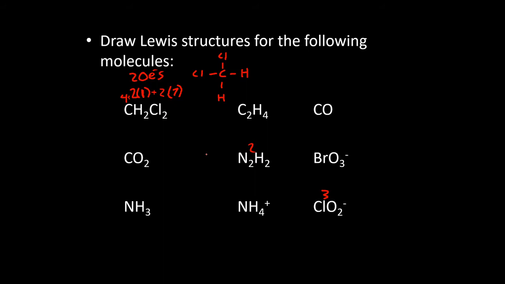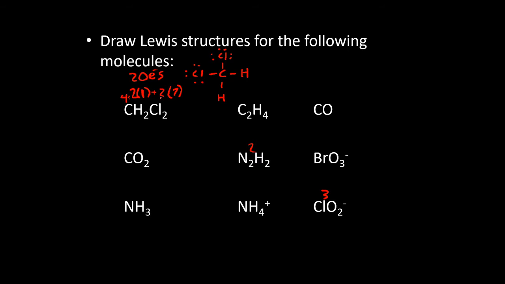So the next step, we're going to start putting in lone pairs on the terminal atoms first. So we're not going to put lone pairs on carbon yet, and we'll just put those in until we run out. So we'll just pick a chlorine, doesn't matter which one. We already have 8 electrons in the single bonds that we put in there. So we're going to start from there. So we have 8, 10, 12, 14, 16, 18, 20.